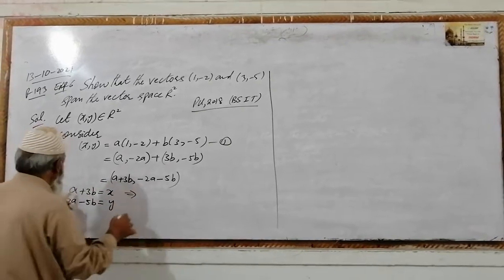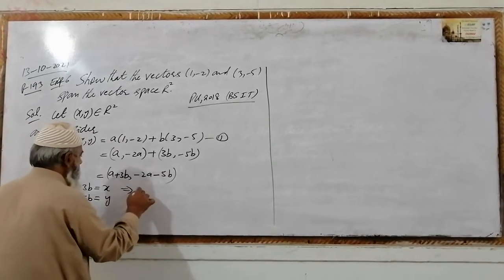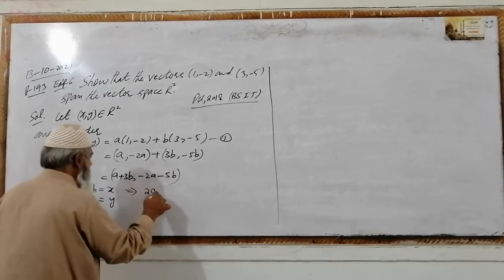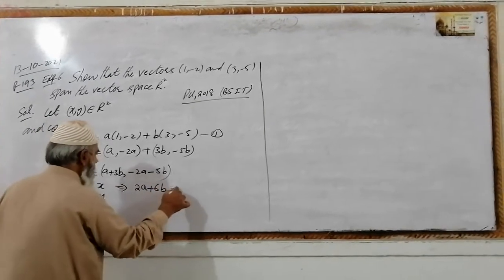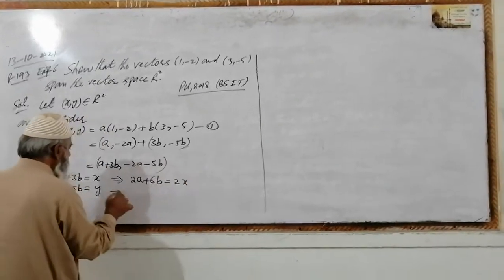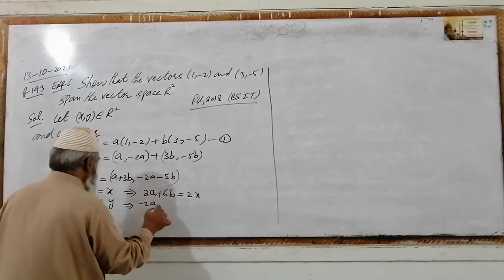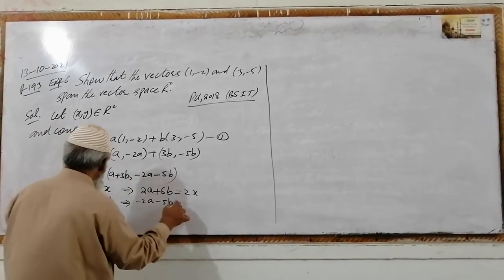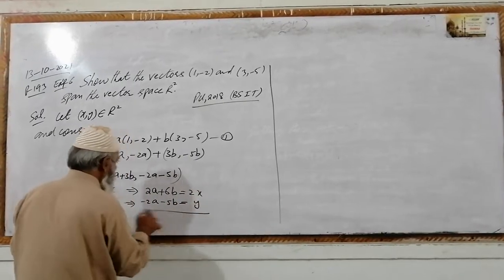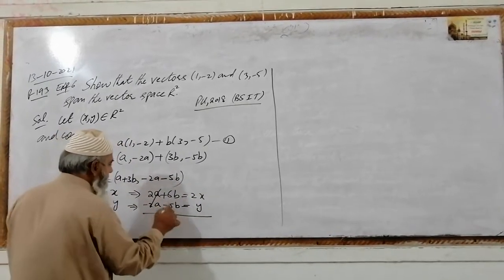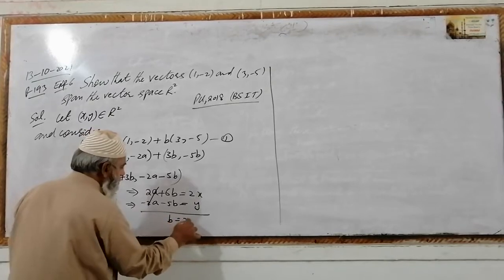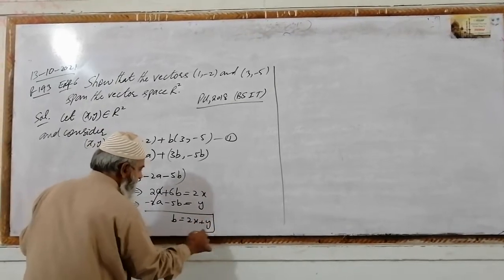When we multiply the first equation by 2, we have 2a + 6b = 2x, and writing the other equation as it is, -2a - 5b = y. Adding these two equations gives us b = 2x + y.